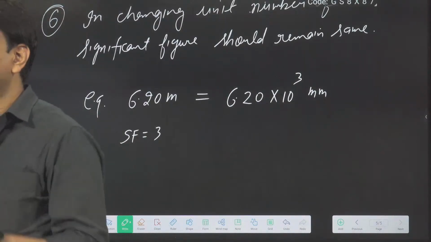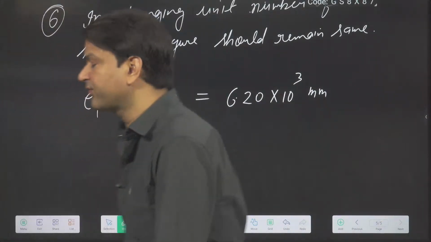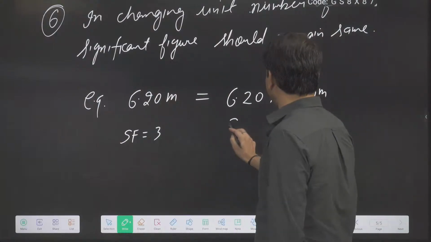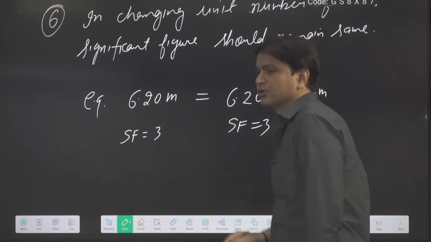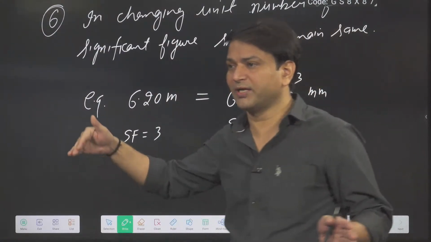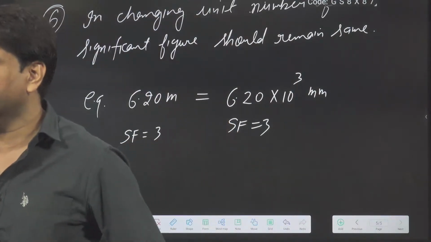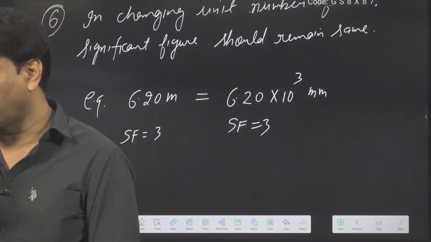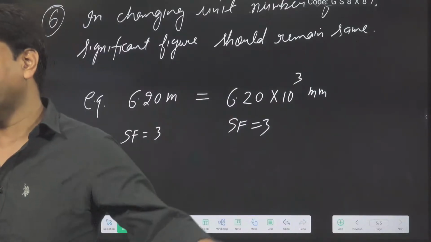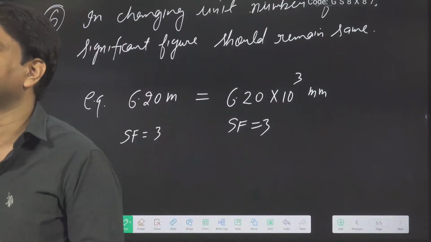And how many significant figures on the left hand side? 3. And on the right hand side? 3. To remove that ambiguity, because 6200 millimeter has 2 significant figures, but changing unit should not change the significant figures, I cannot go to 6200 millimeter.